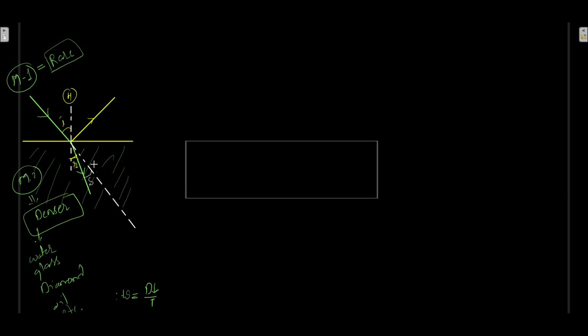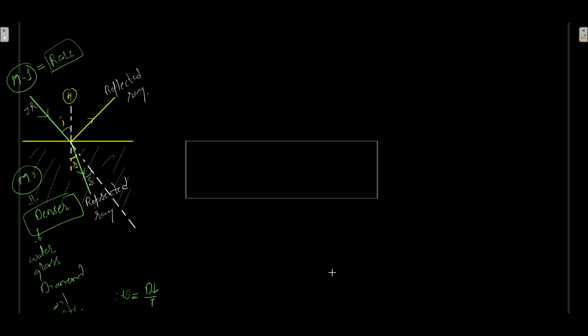So this is your complete phenomenon by which one incident ray enters from one medium to another medium, and that we call a refracted ray. Okay, and the phenomenon is known as what? Refraction, and that is your what? Reflected ray. Okay, now we are coming to our point, lateral displacement.